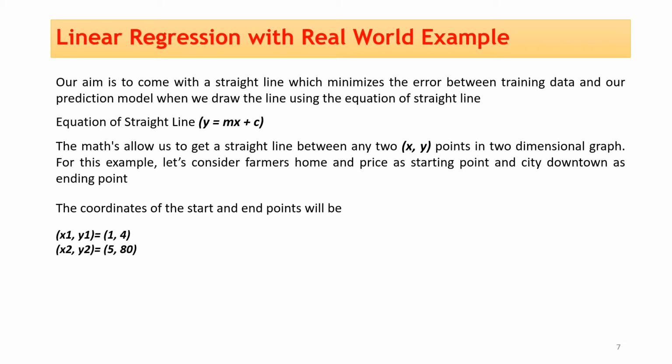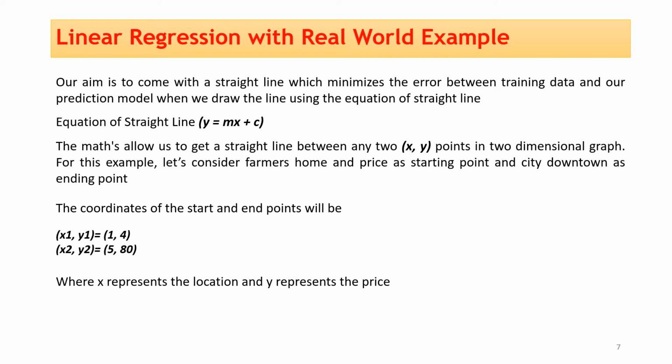So x1 y1 is our starting point and x2 y2 is our ending point. So the coordinates are x1 y1 equal to 1 comma 4, and x2 y2 equal to 5 comma 80.